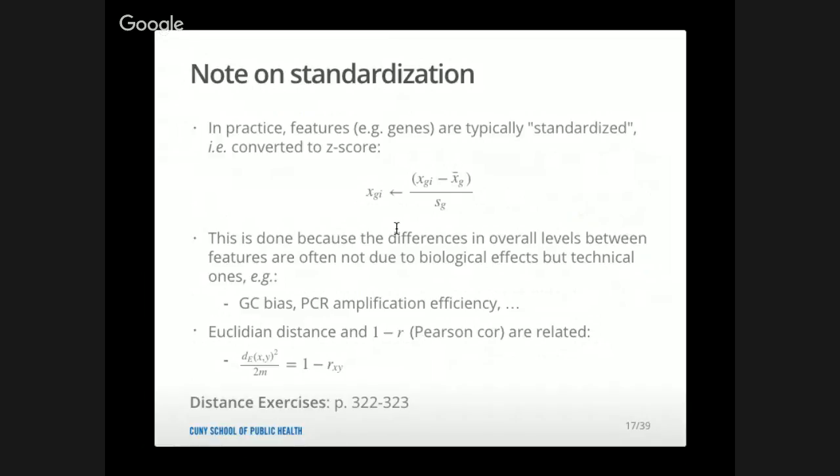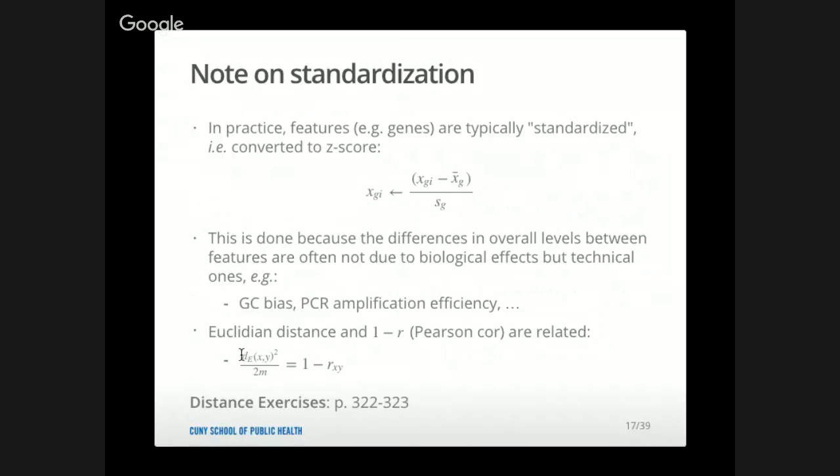And this is one reason that this 1 minus R Pearson correlation is often used as an alternative to Euclidean distance, because in this case where you have a constant shift and maybe differences in the amount going up and down, as long as they do it together, you'll have a small distance as measured by 1 minus Pearson correlation, which, by the way, is closely related to Euclidean distance after a scaling factor.